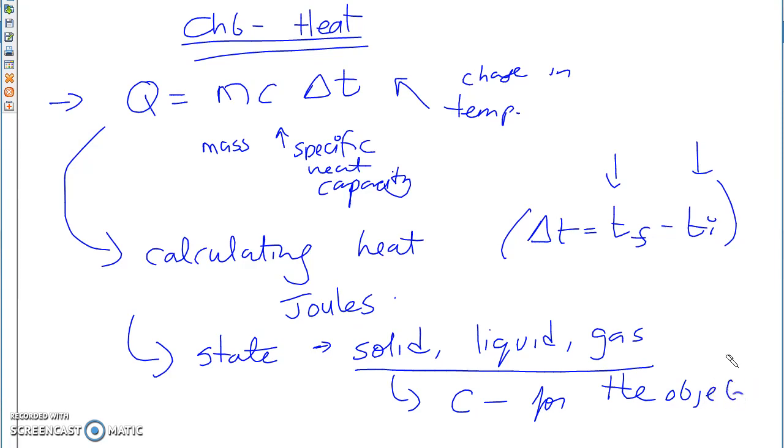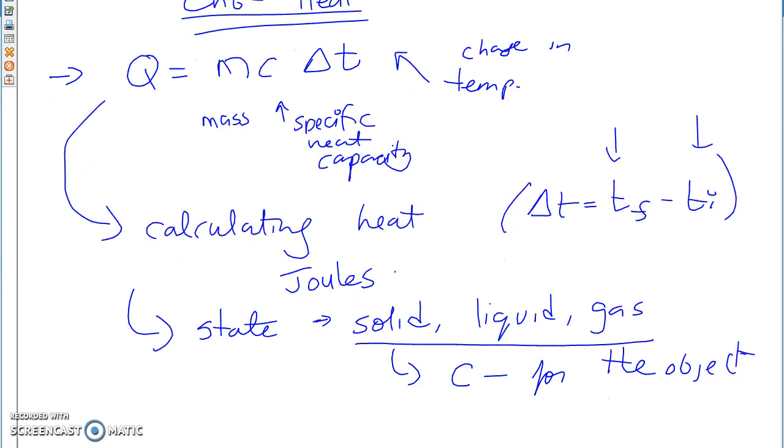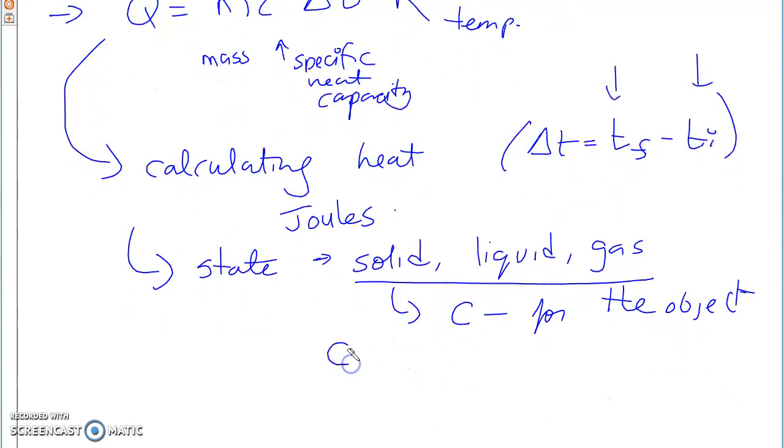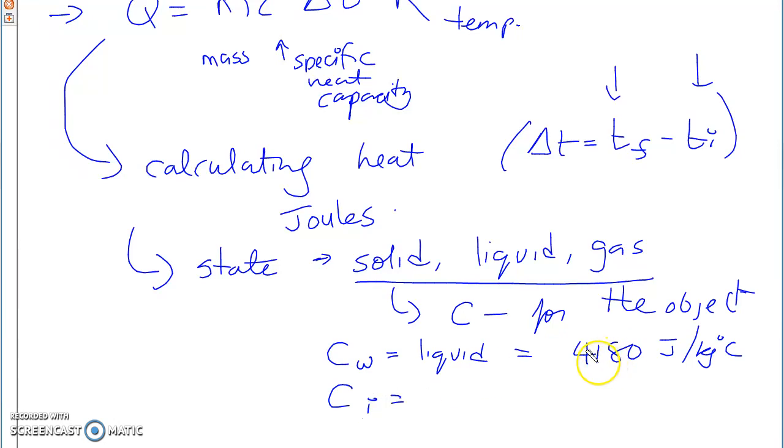For example, the c for water, which is liquid, is 4180 joules per kilogram degrees Celsius. Then the c for ice, which is a solid state, is something totally different. And then the c for water vapor, which is a gaseous state, is something totally different as well.